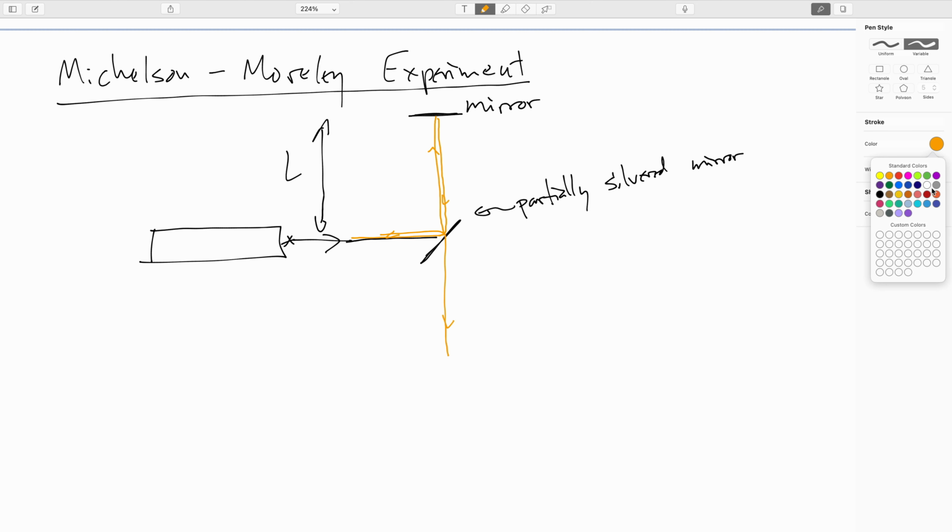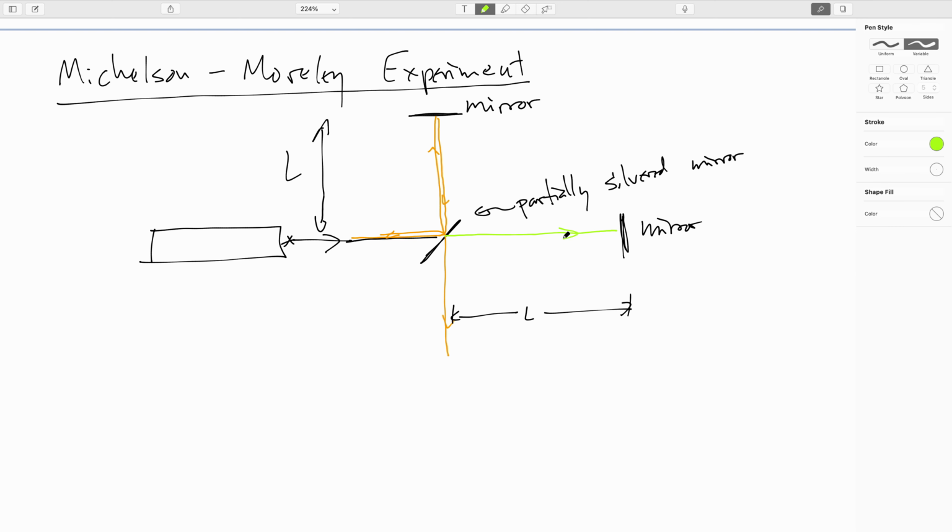Then what you do is also a distance L downstream, you set up another mirror, like so. And so for the half of the light that didn't bounce but just passed straight through, it goes to this mirror and bounces back.